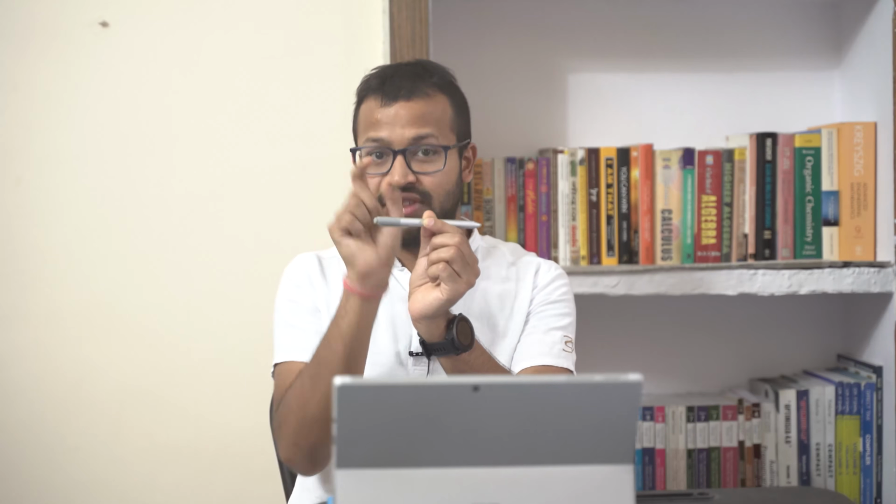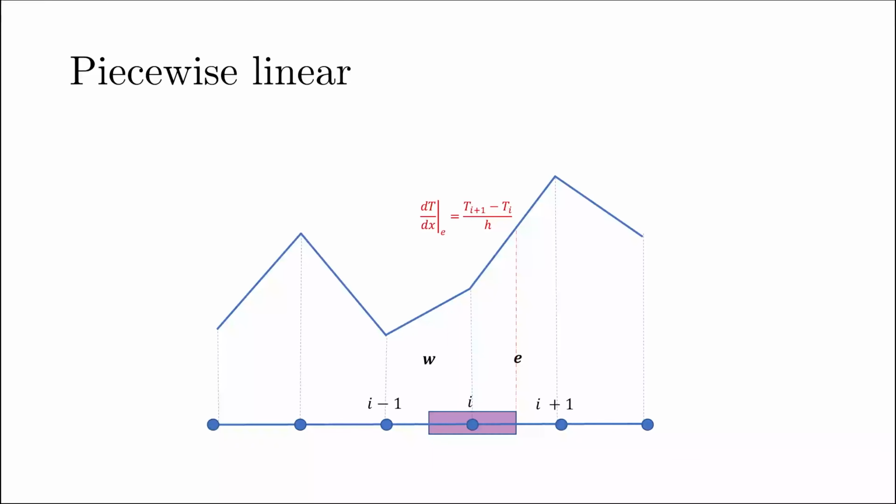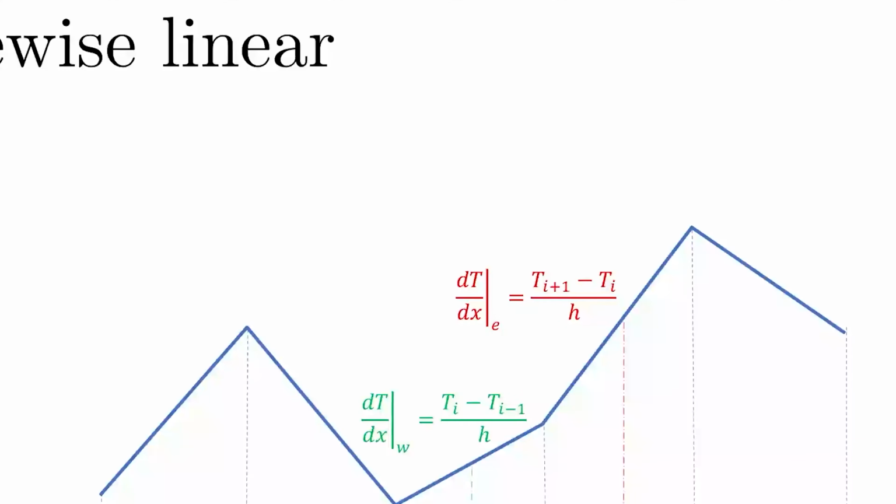If you represent the first derivative here, this formula is nothing but the central differencing of the first derivative, that is T at I plus 1 minus T at I divided by 2 times the grid spacing for this system, which is h by 2. Similarly, we can write the derivative at the west face as T at I minus T at I minus 1 divided by h.